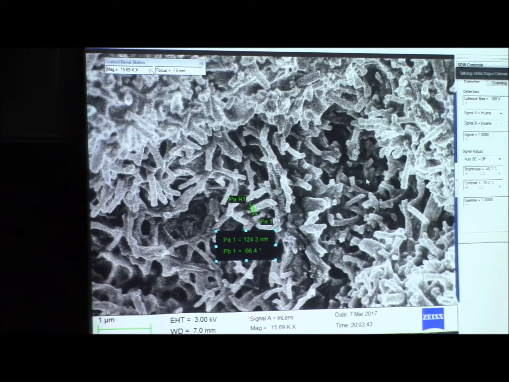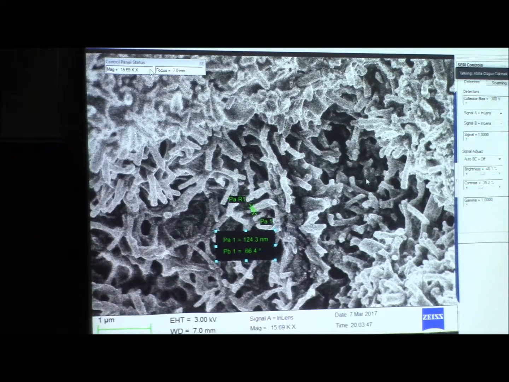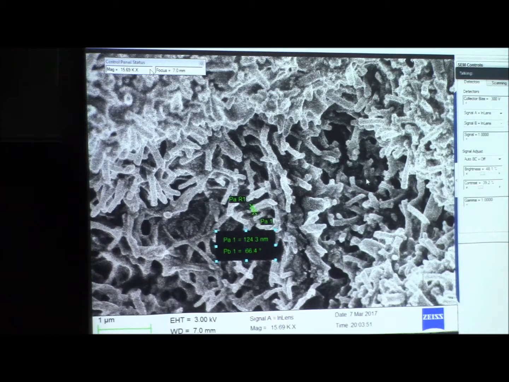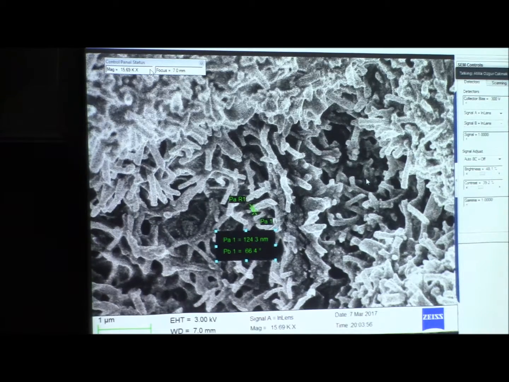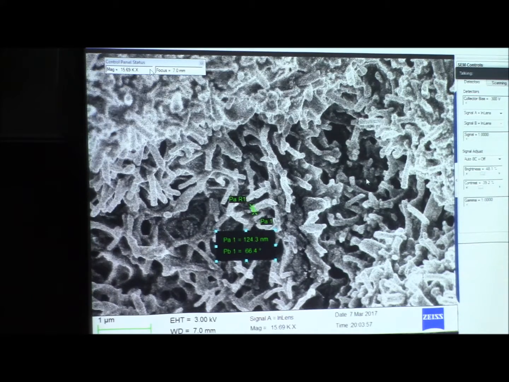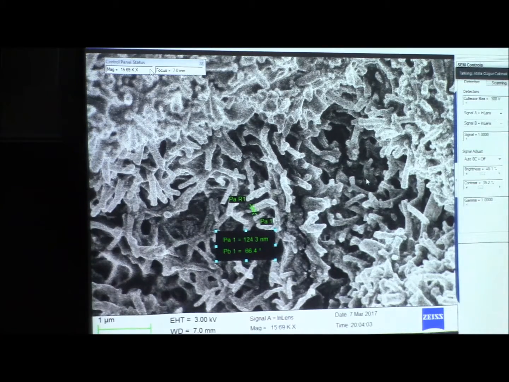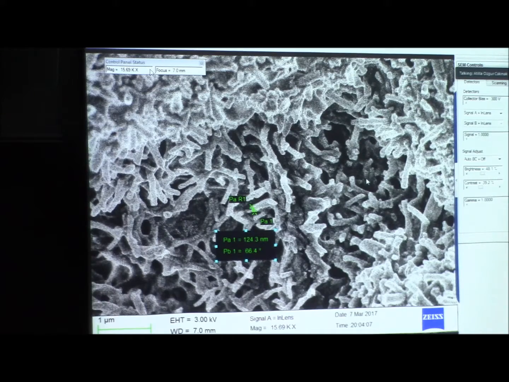And with this hierarchical surface roughness, with the micro-size posts and these nanofibers, the plant is very effective at pushing water off its surface. So in reality, the leaf never really gets wet from rain, for example.